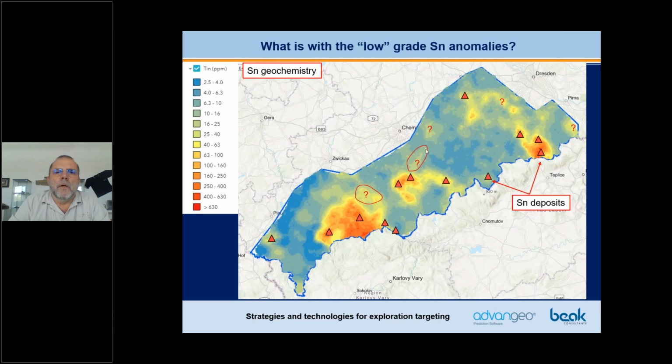But now, in a new geochemical survey we identified low-grade tin anomalies of 25 to 40, 50 ppm of tin. They have never been traced in the past because people were focused on the high-grade tin anomalies with the many known deposits.